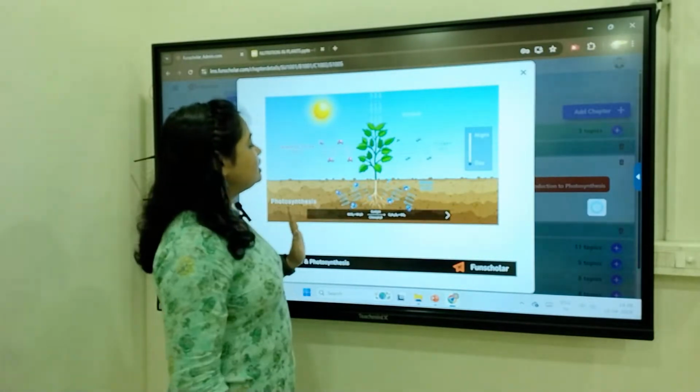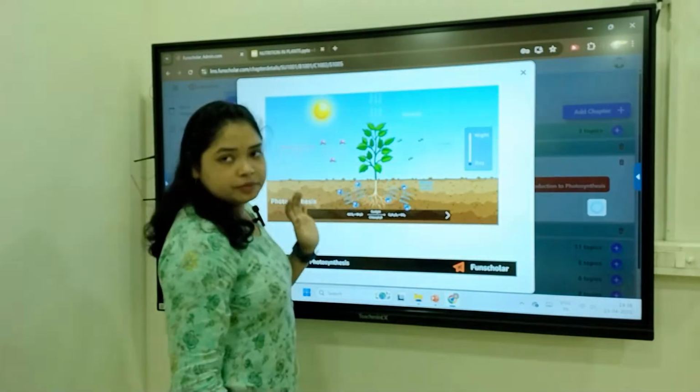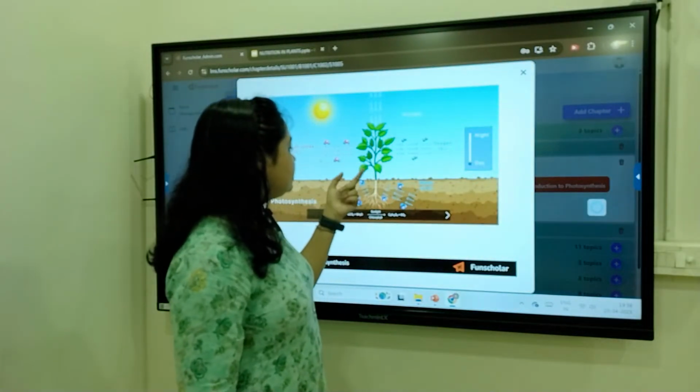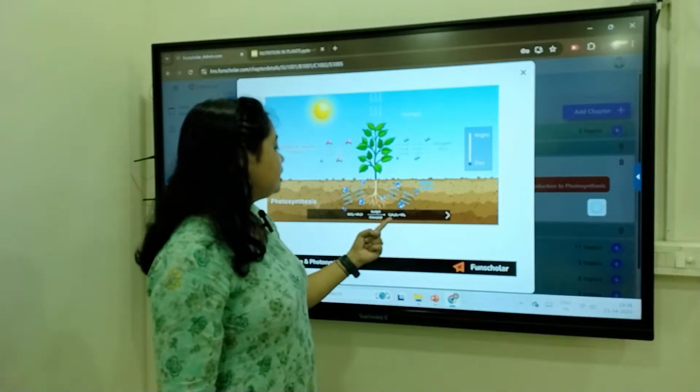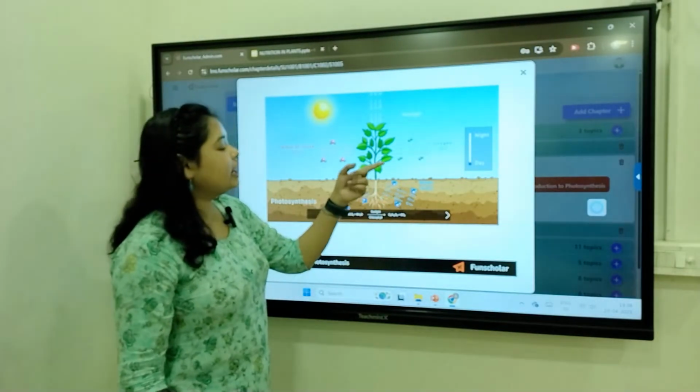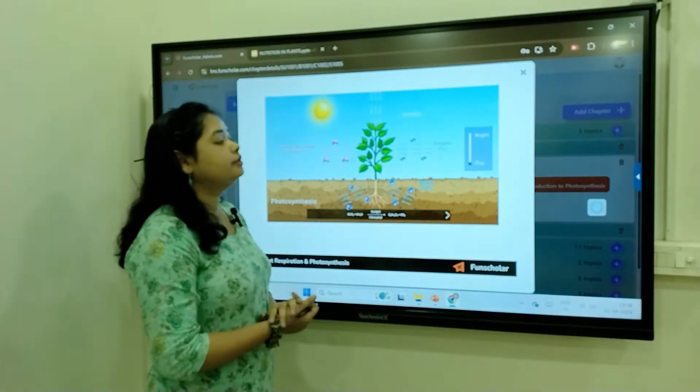Now everything is there in the kitchen of the plants, and so therefore the plants can now synthesize the food, that is the glucose. See here the equation is also given, and along with that oxygen will be liberated out as the byproduct.